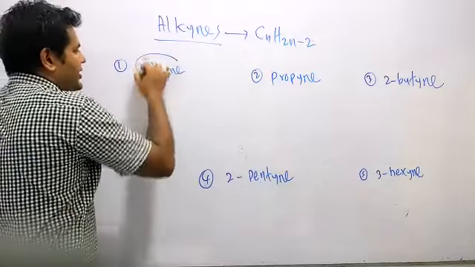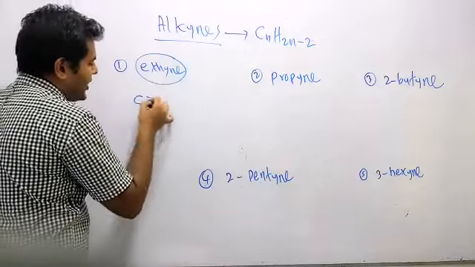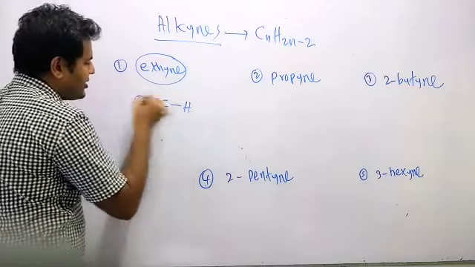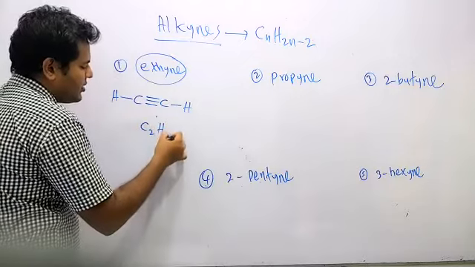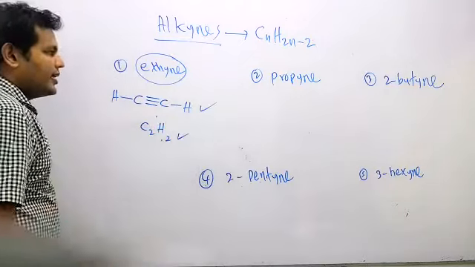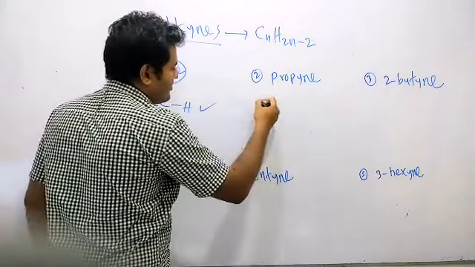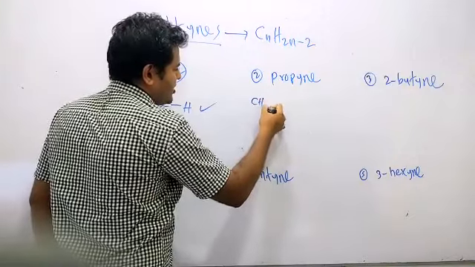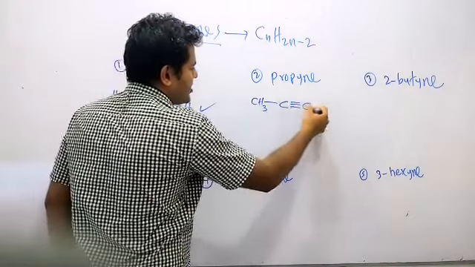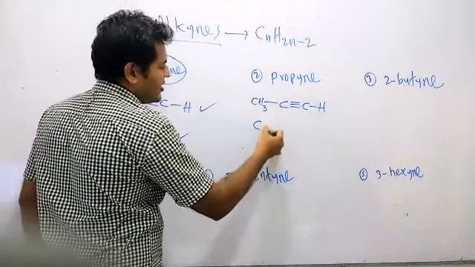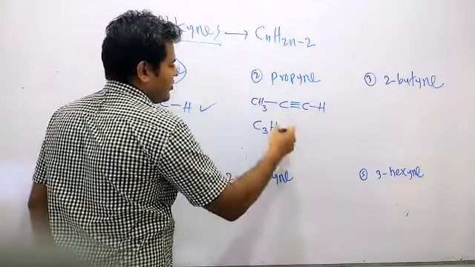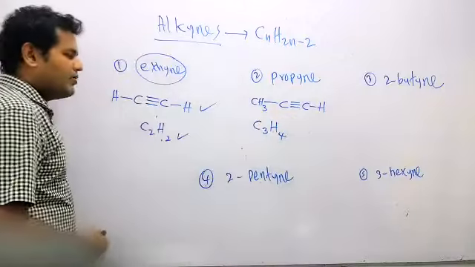Under the ethyne part, you can draw the structure of ethyne like this. The molecular formula is C2H2, and propyne is CH3-C triple bond CH. Now you can directly draw this, and write C3H4. Likewise, try to complete the structures.